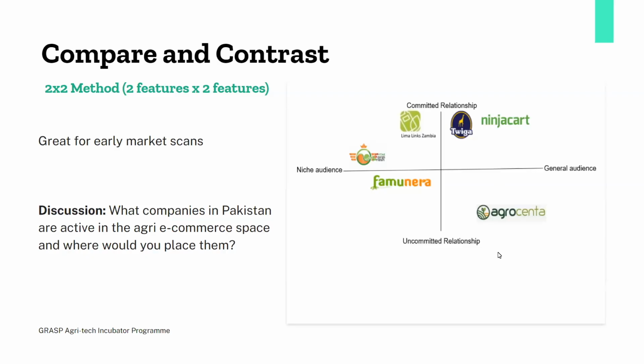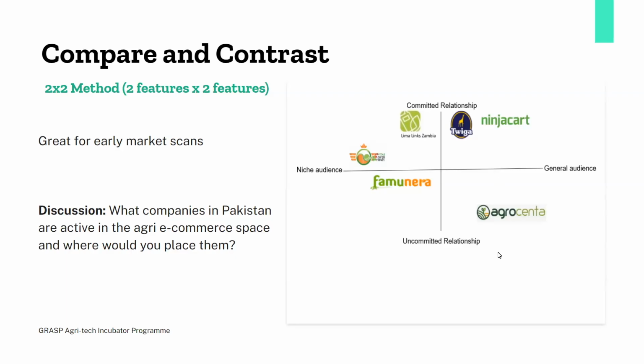And finally, you have AgroCenter here as well. Wanted to give an example of uncommitted relationships and general audience, because AgroCenter has an agro-trade platform that provides farmers with an opportunity to sell to agents through a quality assured e-commerce service, right? So yes, the audience is more general.